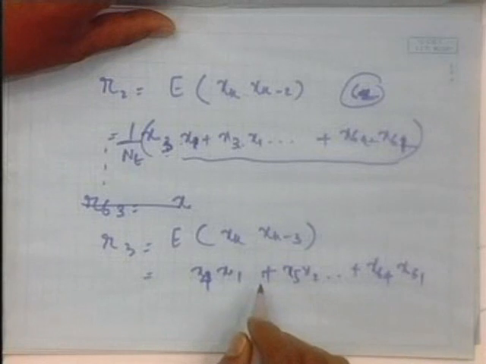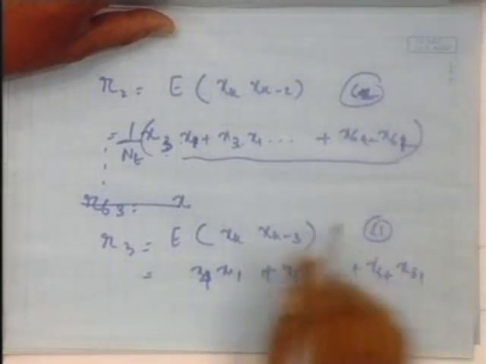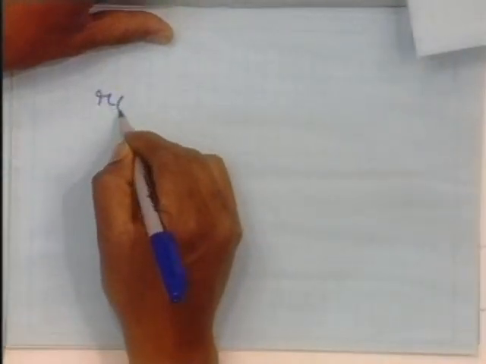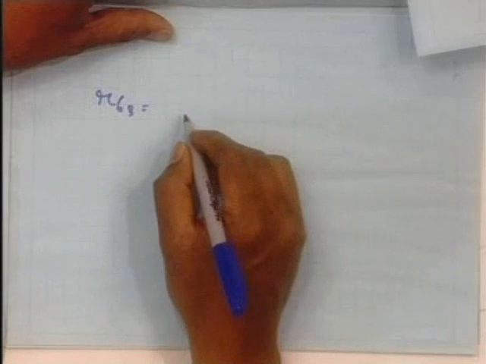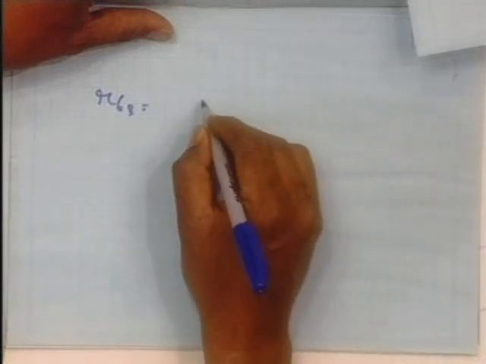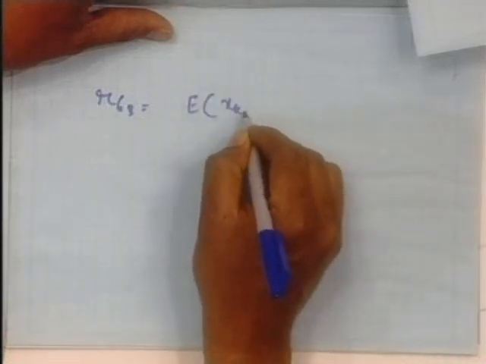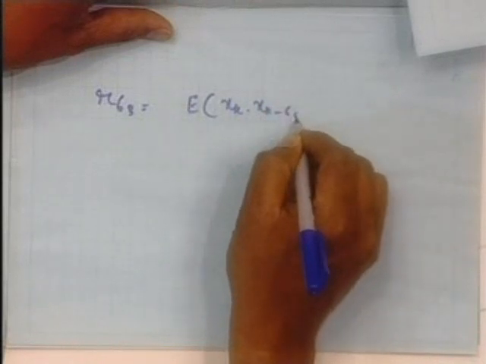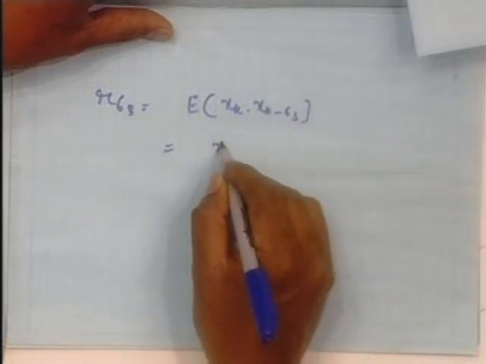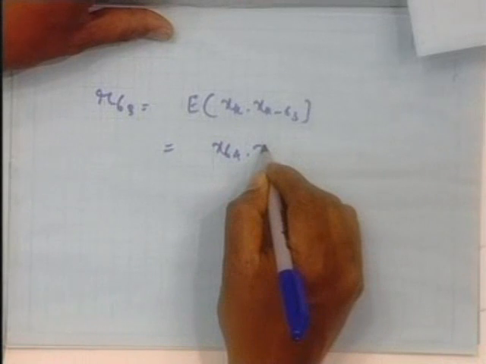So there will be 61 samples. Like that, if you calculate R63, there will be only one term, the expected value of xk into xk minus 63, that is x64 into x1. That's all.